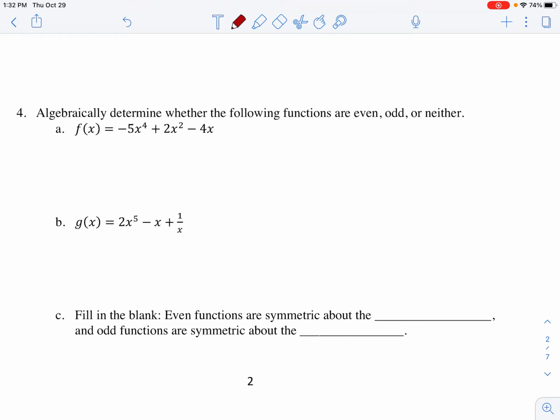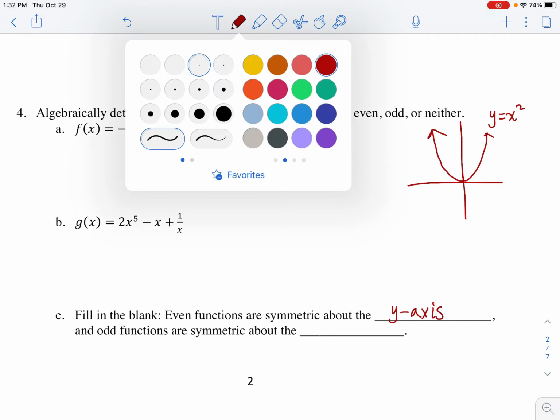Fill in the blank. Even functions are symmetric about the y-axis, right? And to be symmetric about the y-axis, for example, think about an even function, like y equals x squared. You have a nice parabola.